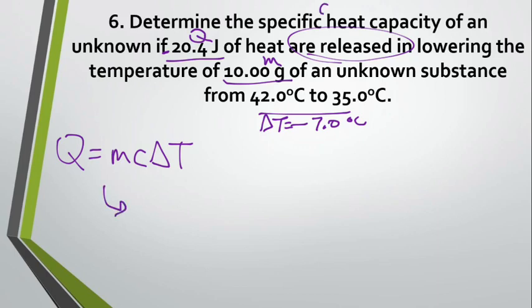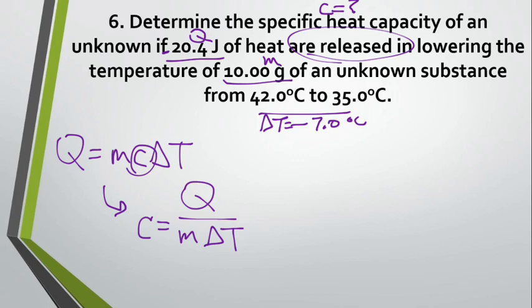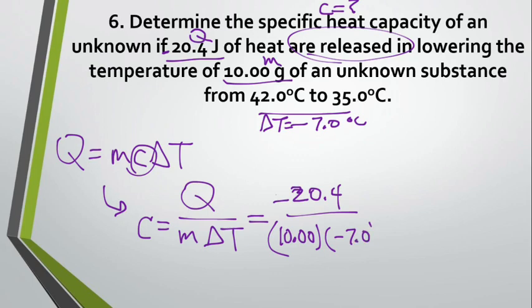What I'm trying to find is that specific heat, that's C. So if I'm trying to find C and get C by itself, I'm going to be dividing each of these sides by M and by delta T. So that's what I'm going to be doing here. So now taking my numbers, 20.4, then dividing by 10, and dividing by -7.